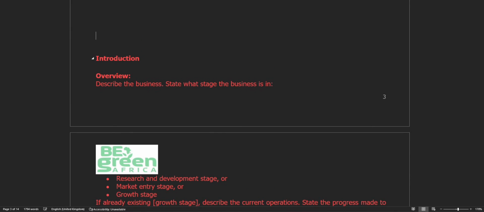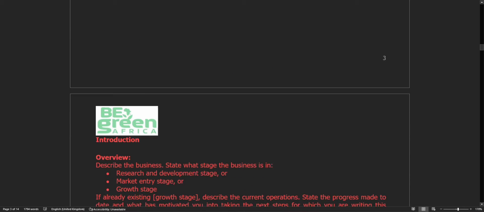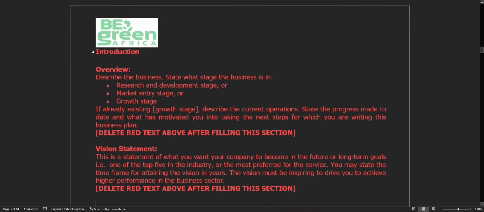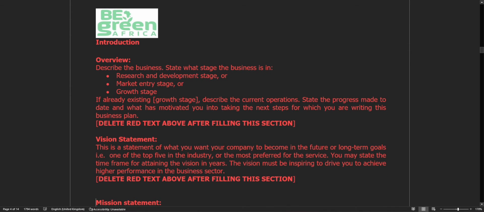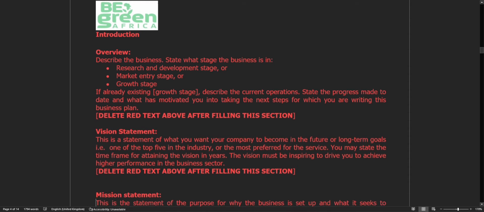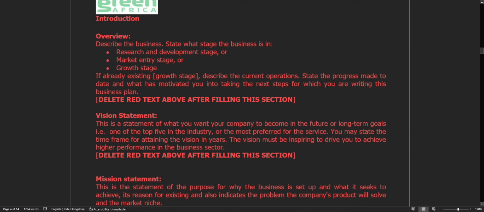So this is the introduction, the overview. I will say little things here because there are some places that I believe need deep clarification. This part, you just write 2 or 3 paragraphs explaining or introducing your business and making sure you highlight the stage of your business.